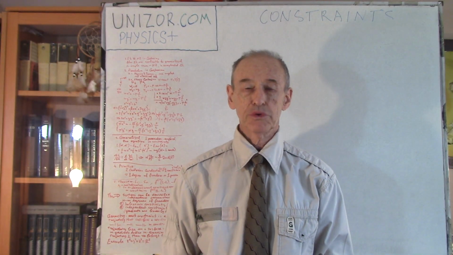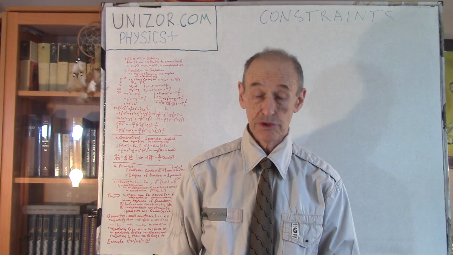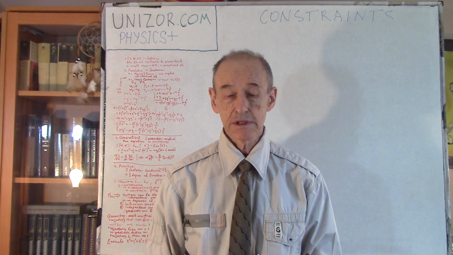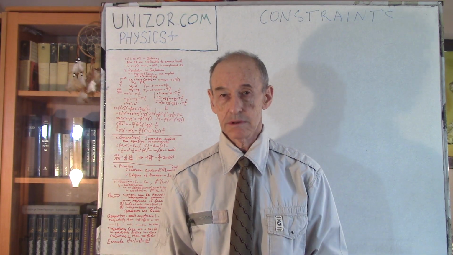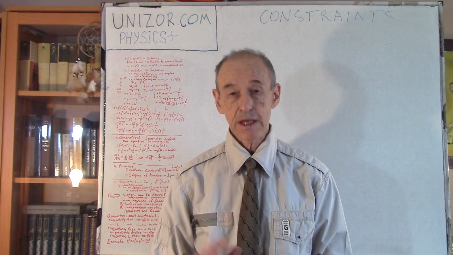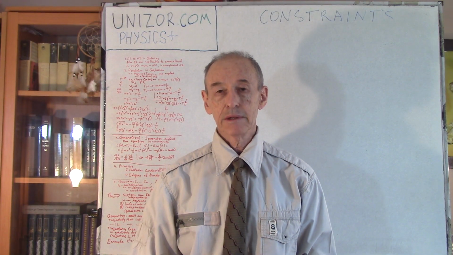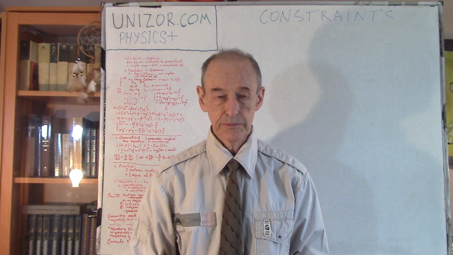So we will continue talking about Lagrangian, about Euler-Lagrange equations, about generalized coordinates. And what's important, we are going to introduce another reason why generalized coordinates in many cases are significantly better than using Cartesian coordinates and Newton's second law.